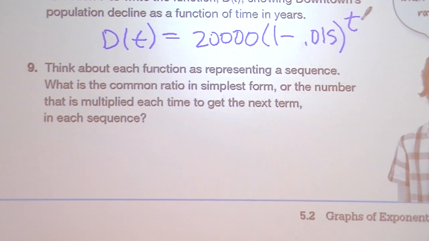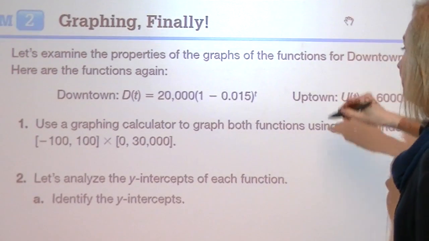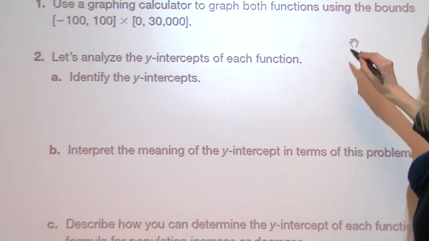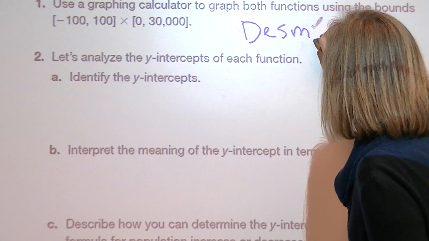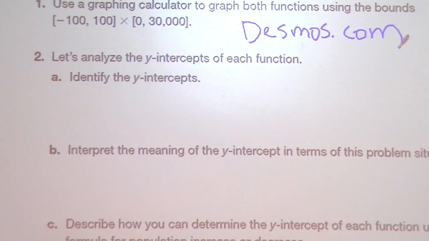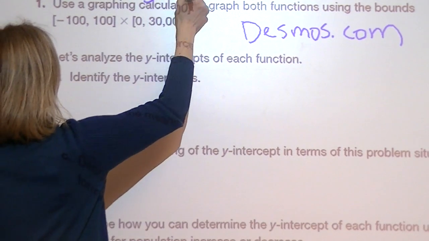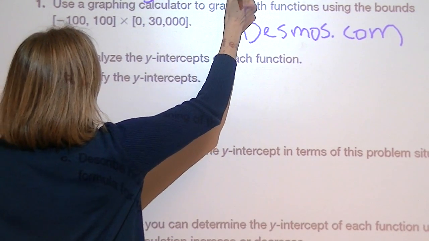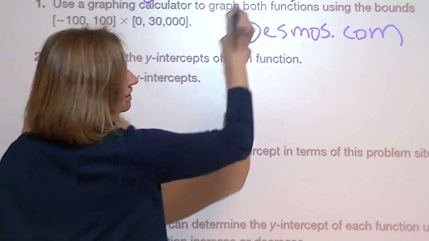Okay, now turn the page and we'll look on page 308 and we'll graph these equations. So you can either go to Desmos, or if you have a graphing calculator, you can use that. And we'll need to change them to say y equals, and then we'll need to change that to a little x.